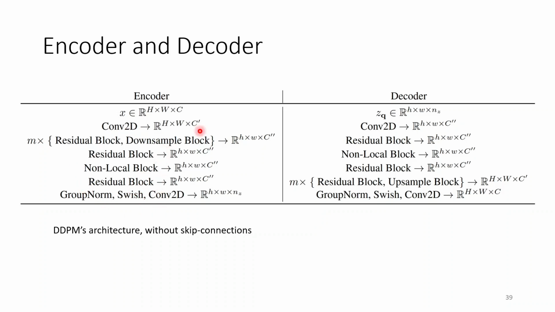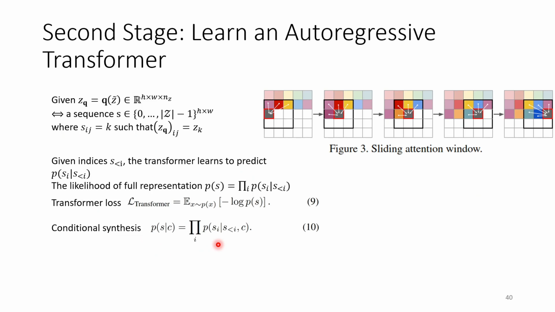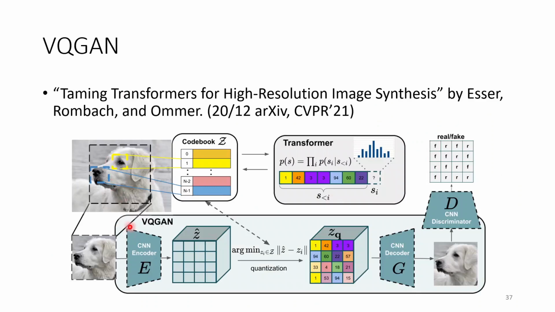In their paper, they claim the encoder is almost the same as the DDPM's architecture, only without a skip connection. Okay, so this is the second stage. They need to train the transformer because this is the VQGAN, but they still need a transformer to predict the next latent code.